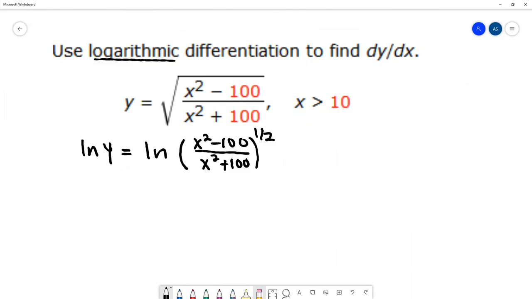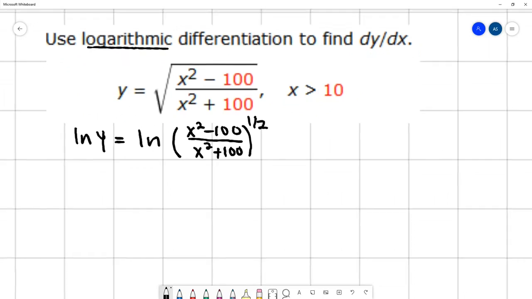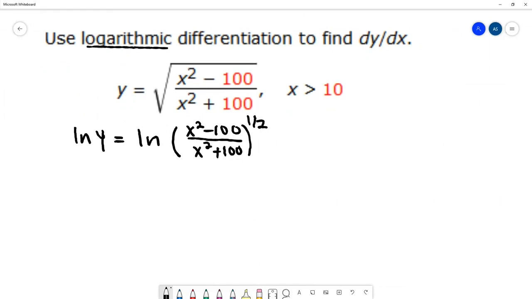Now the reason we're introducing the log is because the log has properties that allow us to expand it so that we have individual terms that are less complicated to take the derivative. So we're going to use some algebra properties of the logarithm to expand this. The first property we're using is going to be the power rule for logarithms.